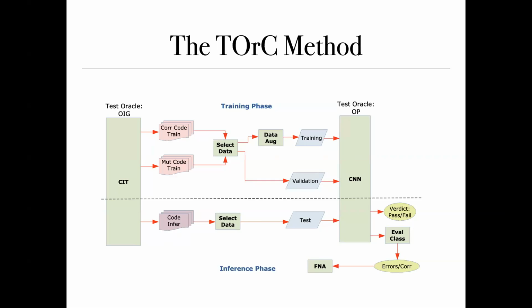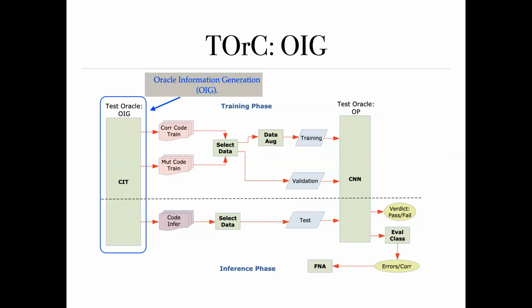This is the general view of our method, the TOrC method. We start with the oracle information generation, part of the test oracle, and we use the combinatorial interaction testing algorithm, and the tuples generated by the CIT algorithm are then applied to the correct code and the mutant code.